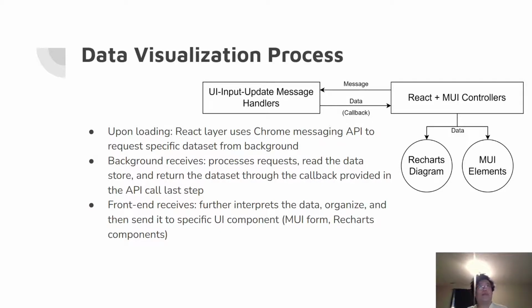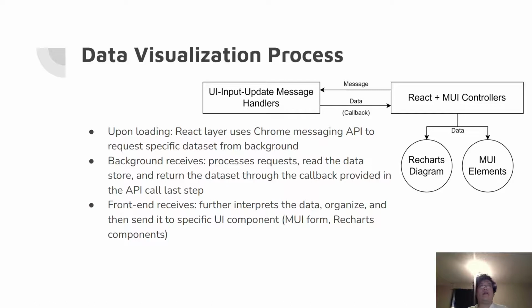from the top-level perspective, where the front-end controllers, like React plus MUI message handlers, will message the background script through Chrome APIs to request data from the backend, and the backend receives the message, directly fetches the data required, and then packages the data as a response. Then this response will be invoked through a callback created and also sent through the message before.